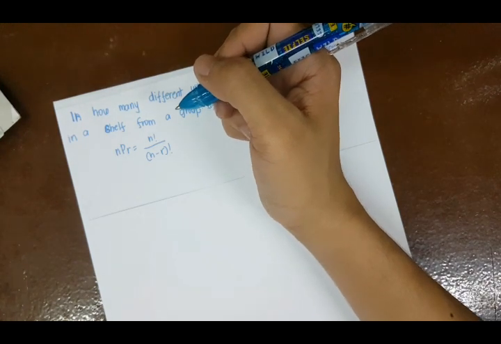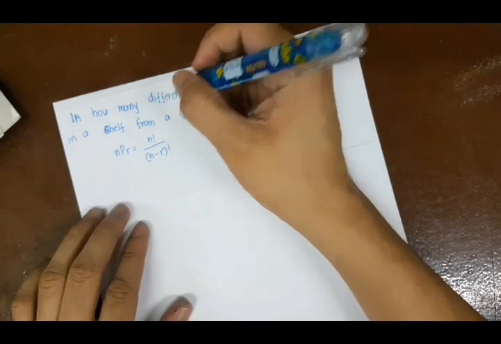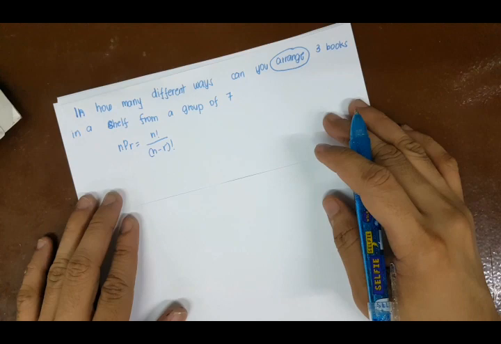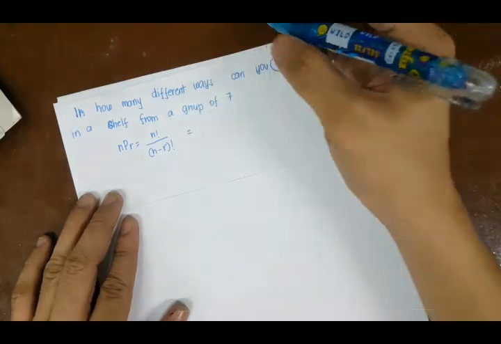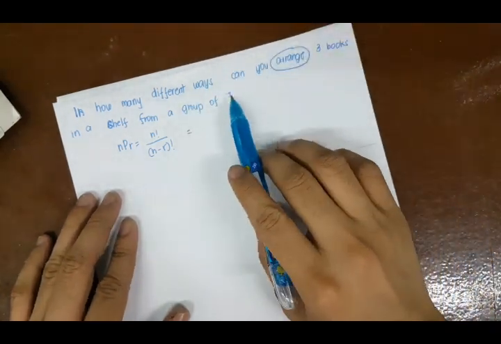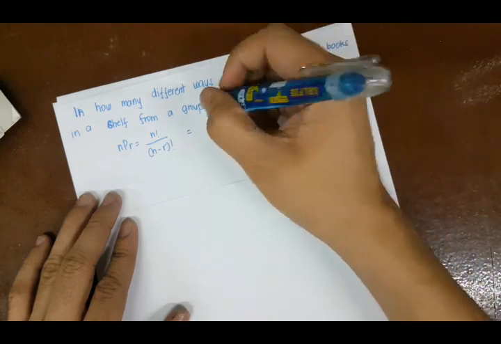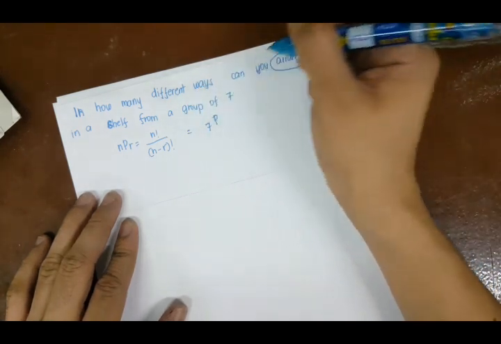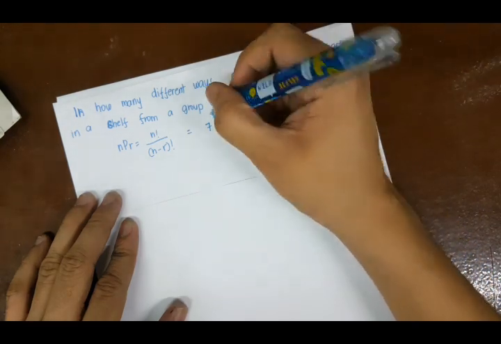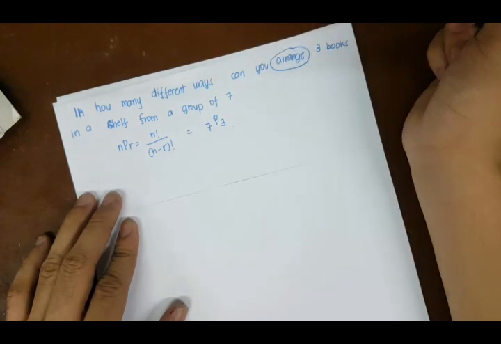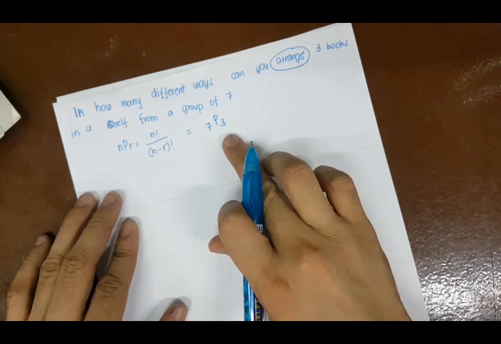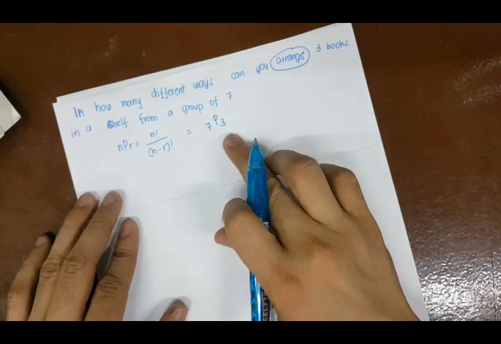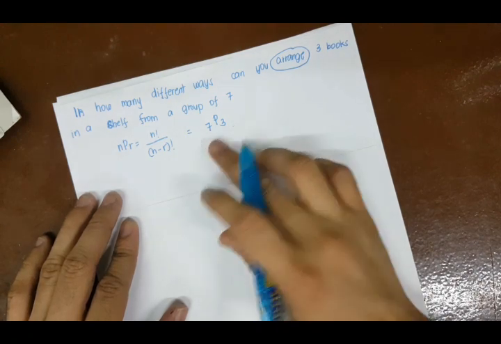Since we already have this formula, we can substitute the given. There are 7 books, and you're going to take 3 books at a time from 7.